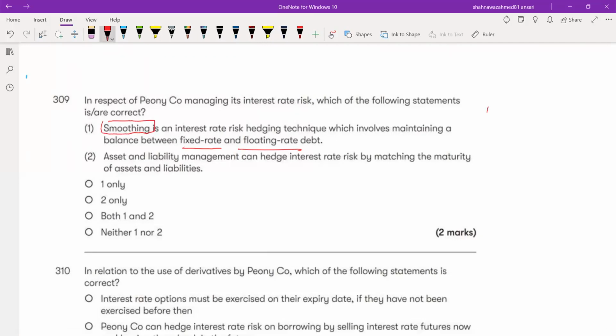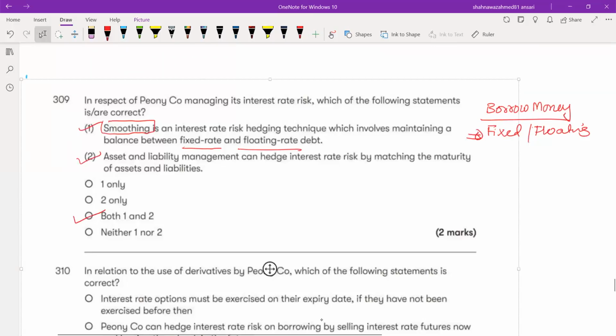For example, you have to borrow money, so borrow some using the fixed rate and some using the floating rate, so that the risk is automatically hedged. Assets and liability management can hedge interest rate risk by matching the maturity of assets and liabilities. Again, this is the correct definition. So statements both 1 and 2.